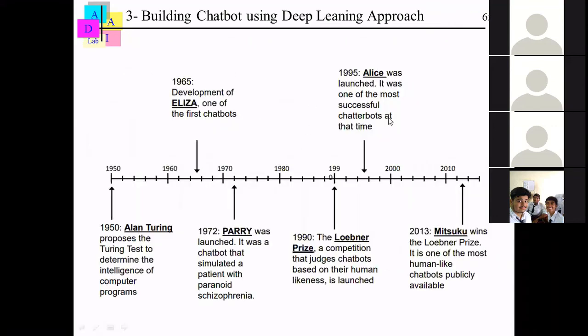And how about the history of chatbots? From 1950, we had Alan Turing and the Turing test. In 1965, Eliza was the first chatbot. Then 1972, PARRY. And 1990, then 1995, and 2010, 2013, sorry.